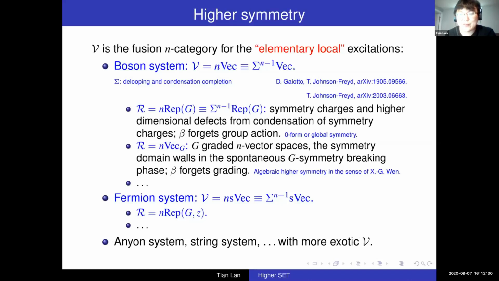You can take some more exotic V that is neither vector space nor supervector space, possibly meaning you have a system fundamentally built with anyons or strings or other higher excitations. My goal is not to spend too much effort on these examples, but I want to tell you the general framework to treat all kinds of symmetries on an equal footing.